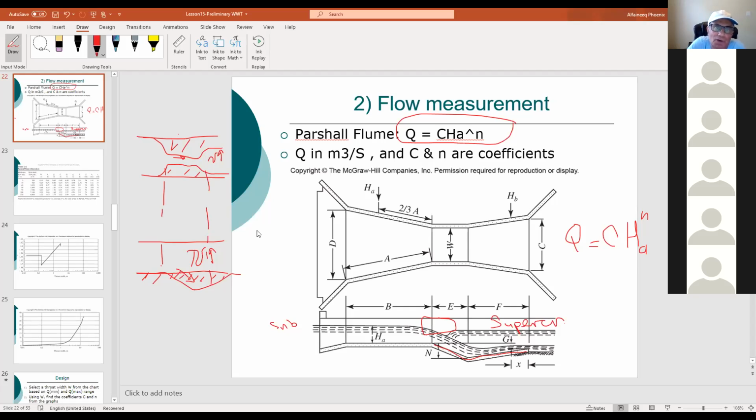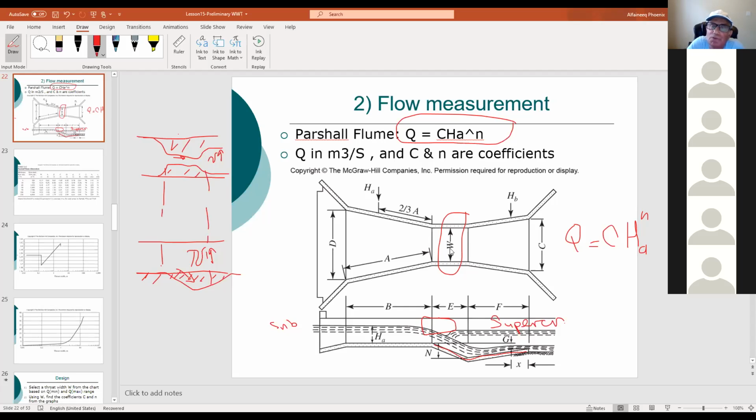Dr. Ralph Parshall designed many of them, all right? They are standard now in the United States. And they are standard based on the throat. We call it the throat, this narrowing, W, the width of the throat. So if you know the width of the throat, you know everything else in it, okay?